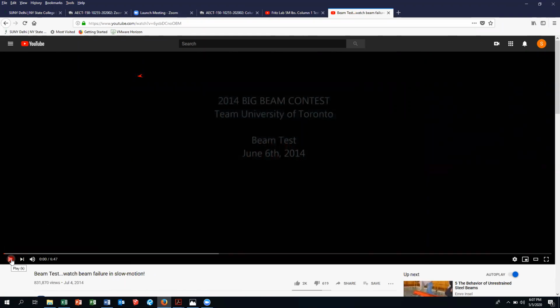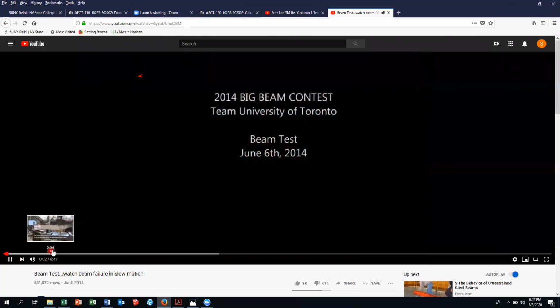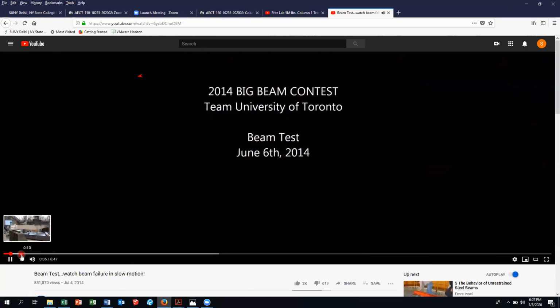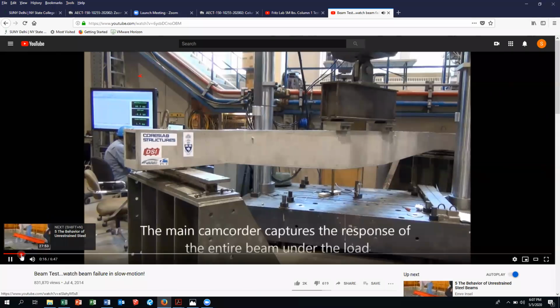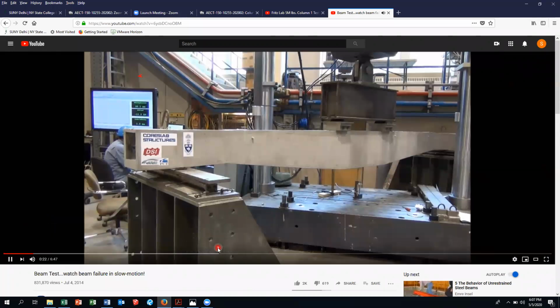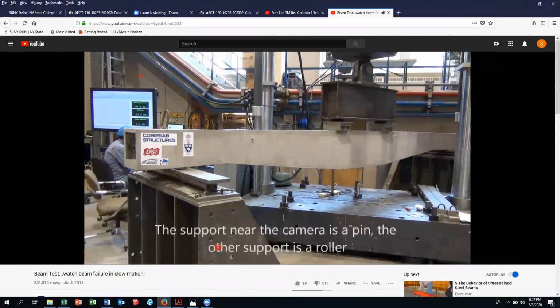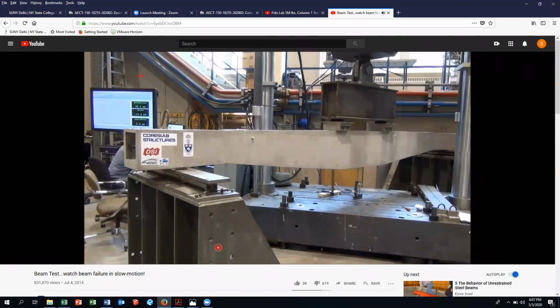It's a beam test, and they kind of show you some of the dial indicators that are used for the deflection. Again, a slightly bigger beam than what we deal with. This is what I wanted you to be able to read. Like 110 to 160.